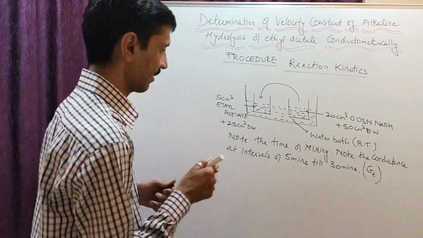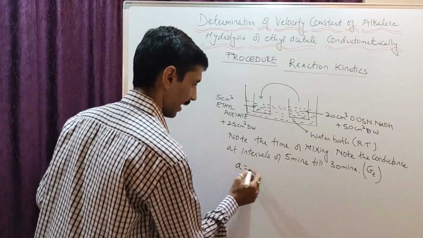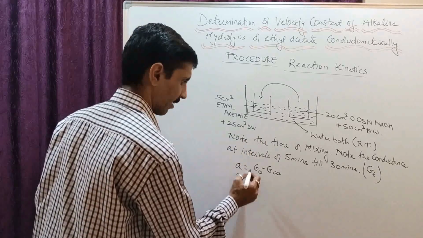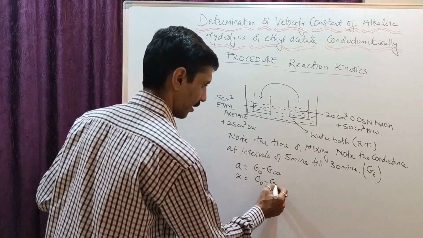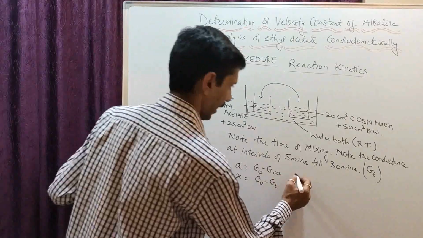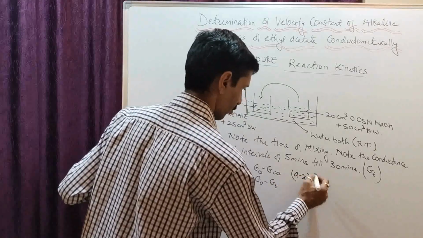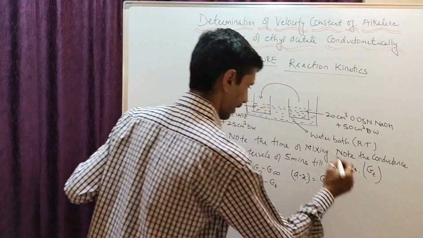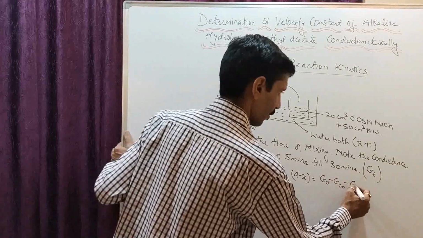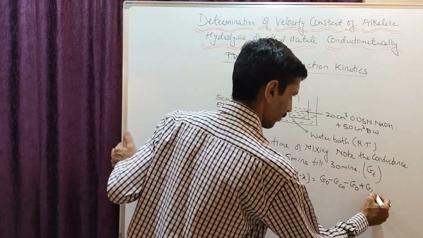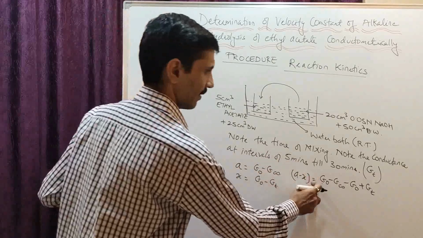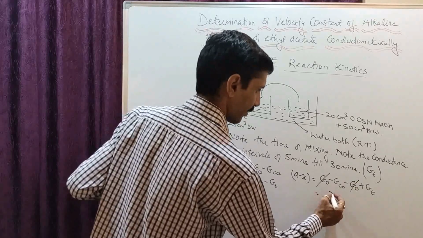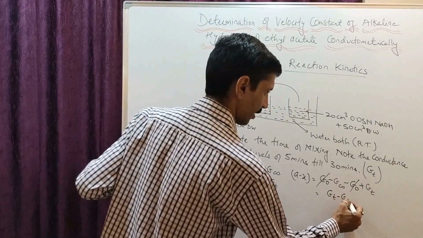Small a is G0 minus G infinity. x is G0 minus GT. And a minus x is G0 minus G infinity minus G0 plus GT; G0 and G0 cancel, so what remains is GT minus G infinity.